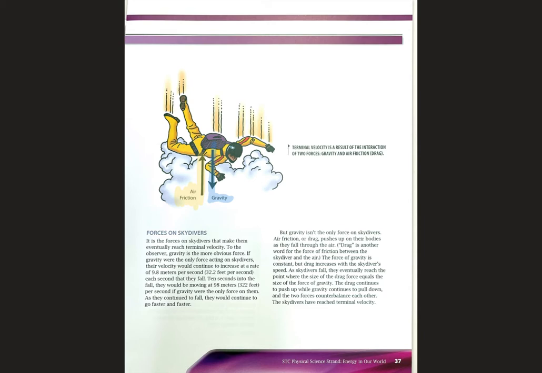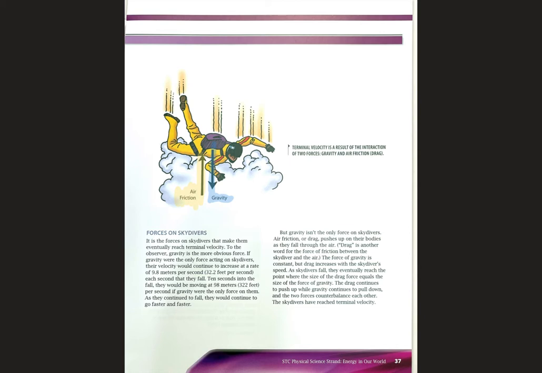All right, so let's start reading here. Forces on skydivers. Skydivers that make them eventually reach terminal velocity. To the observer, gravity is the more obvious force. If gravity were the only force acting on skydivers, their velocity would continue to increase at a rate of 9.8 meters per second squared, or about 32.2 feet per second, each second that they fell.